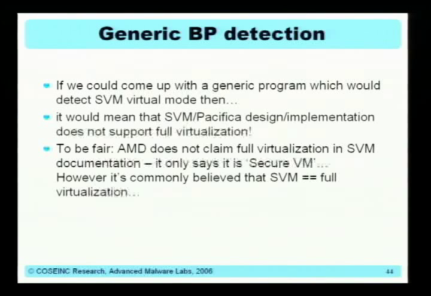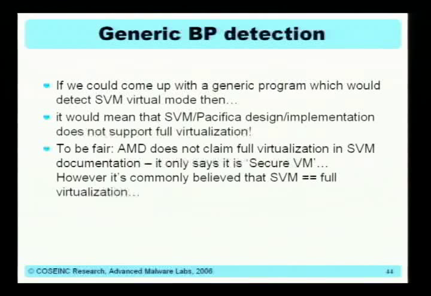So you can ask if it's possible, maybe, to create something like red pill, but this time for this Pacifica technology. It might be possible. Pacifica might be 'buggy' in apostrophes, just because AMD documentation doesn't really say that they offer 100% virtualization.